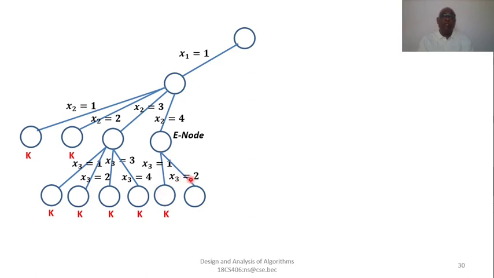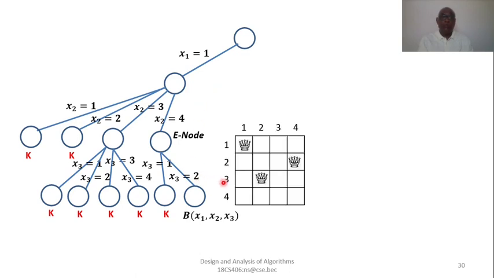And we look at x3 equal to 2. Does it satisfy the bounding function? That is, b of x1, x2, x3 is b of 1, 4, 2. We find that this node satisfies the bounding function because x1, x2 have already satisfied the constraints, x1 and x3 also satisfy the constraints, and finally x2 and x3 also satisfy the constraints.